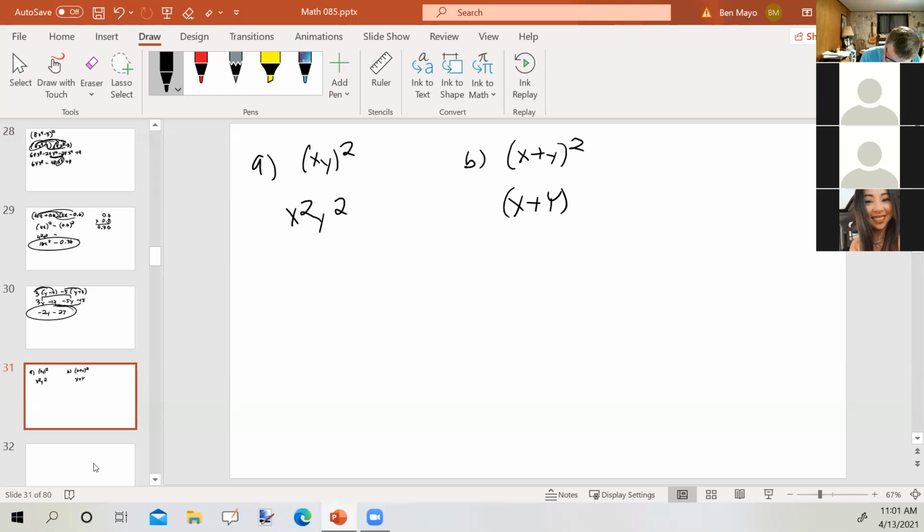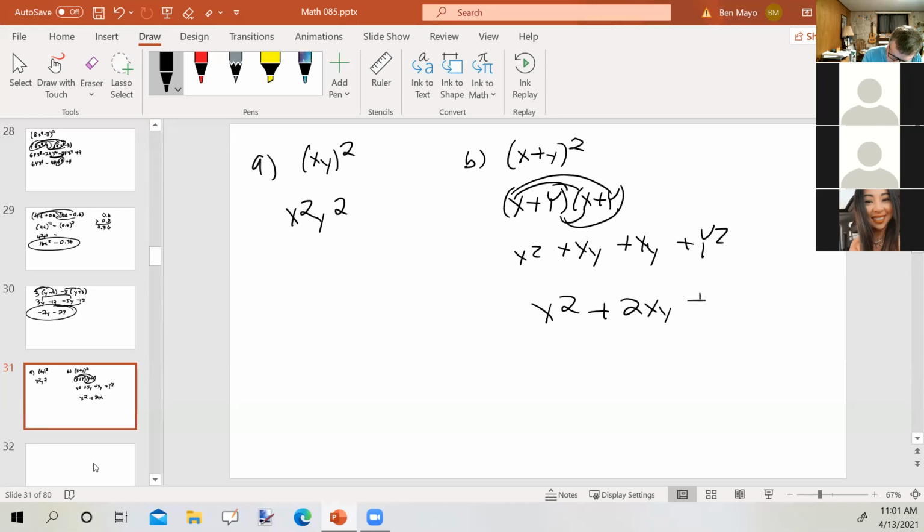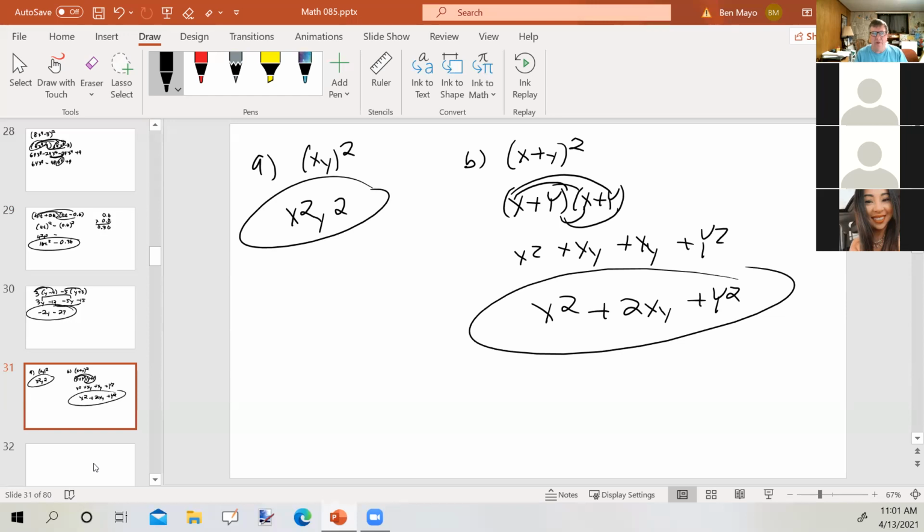So that becomes x plus y times x plus y, which then becomes x squared plus xy plus xy plus y squared, x squared plus 2xy plus y squared. And the two answers are very different. So really make note of those differences.